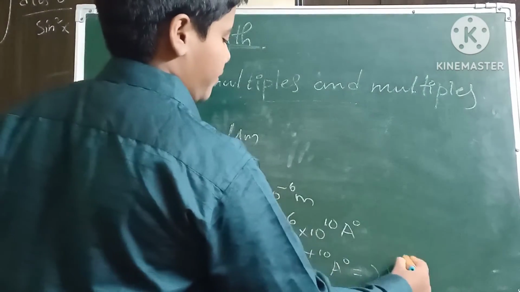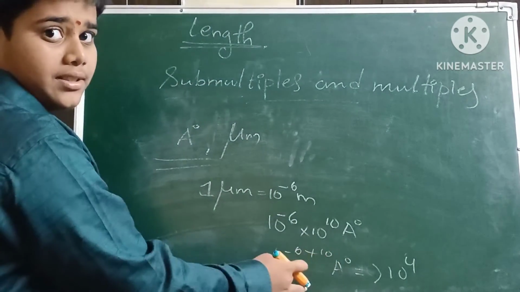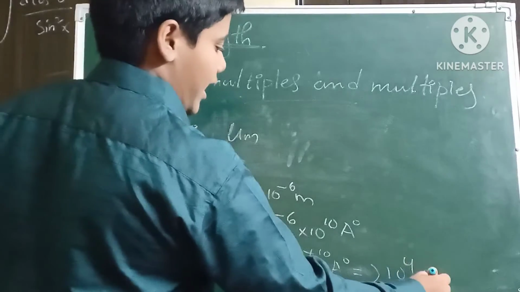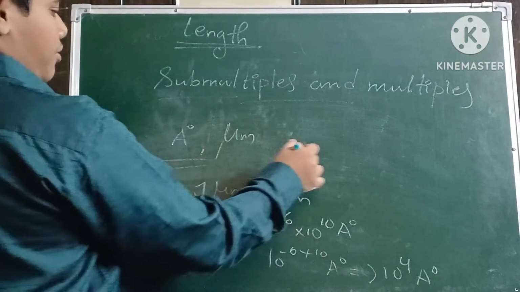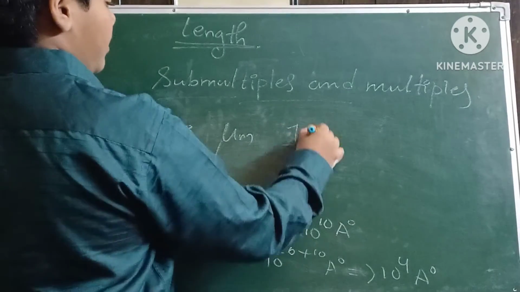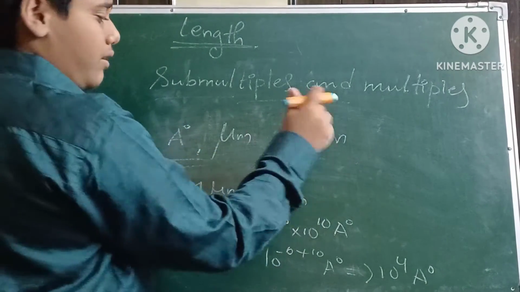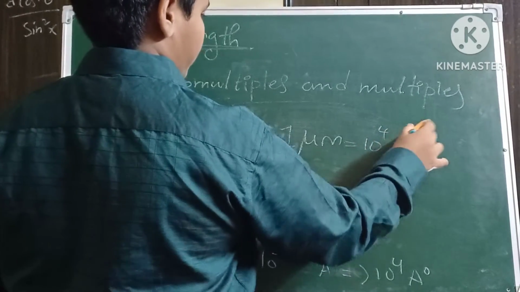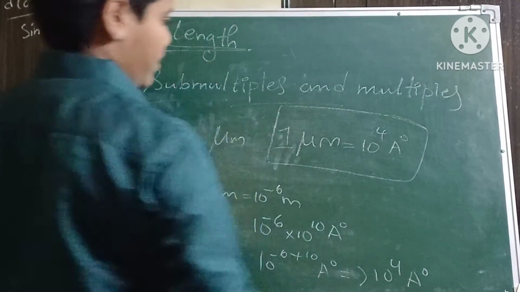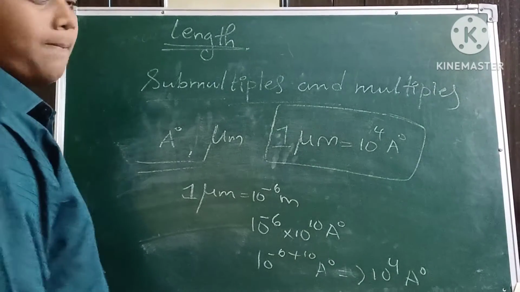Here 10 minus 6, 4. So 10 to the power of 4 angstroms is the relation between angstroms and micrometer. So what is the relation? 1 micrometer is equal to 10 to the power of 4 angstroms. This is the relation between micrometer and angstroms. Okay.